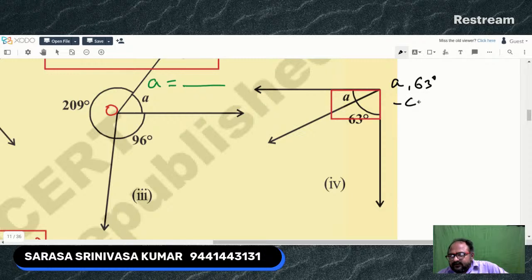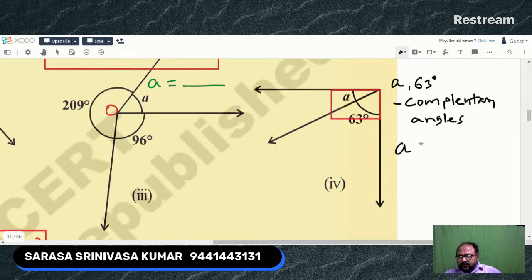Complementary angles form 90 degrees. That is angle A plus 63 degrees is equal to 90 degrees.